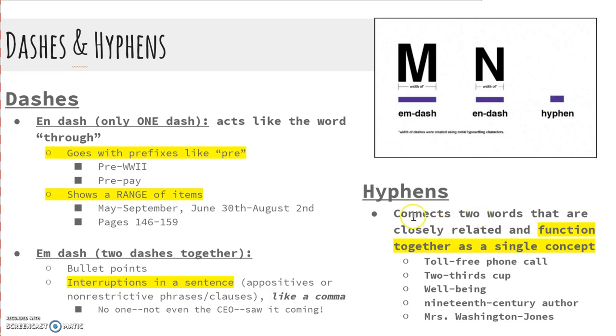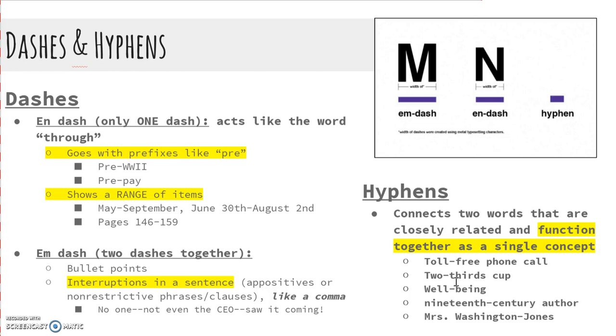Hyphens connect 2 words that are closely related and are functioning together as one single concept. So I would use a hyphen to connect 2 words that go together and are almost like a compound word, like a toll-free phone call, or 2-3 cup. So 2 and third are technically 2 different numbers, but I'm using them as one unit, as one measurement, so I'm connecting them with a hyphen.